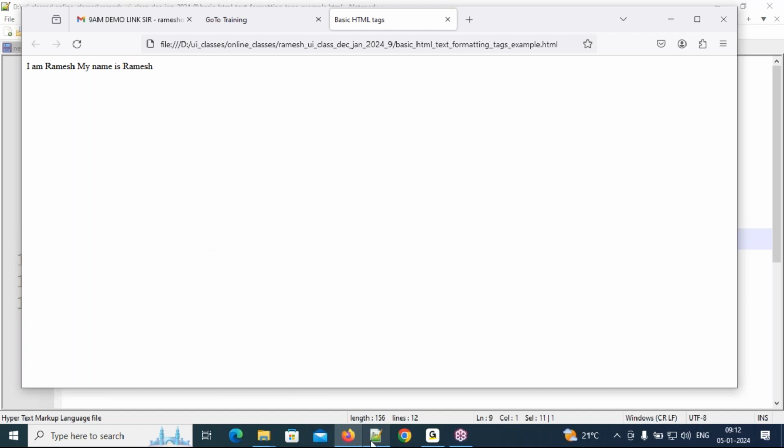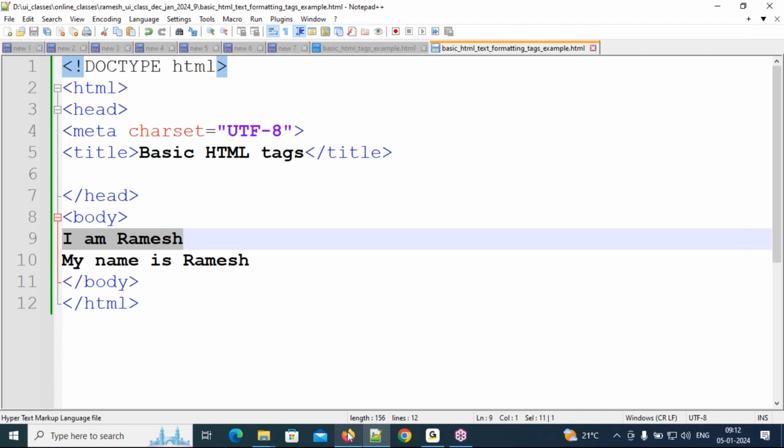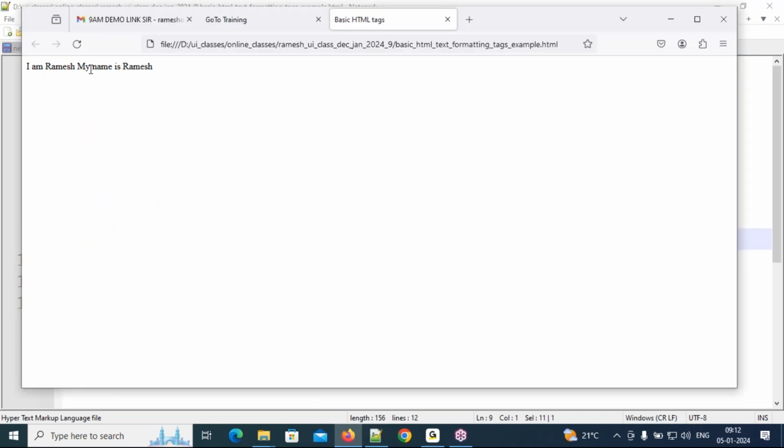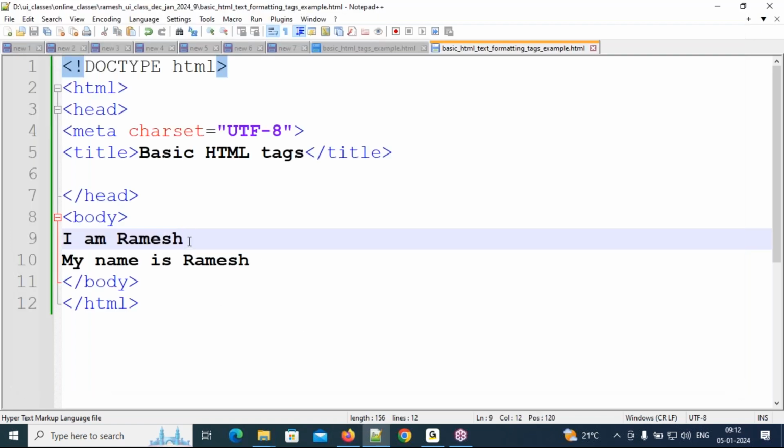Okay, right. Now I don't want this. I want My name is Ramesh to come on the next line. For that purpose I need to use the BR tag. BR means breaking the line. After I am Ramesh, the line will be broken and the next content will come on the next line.